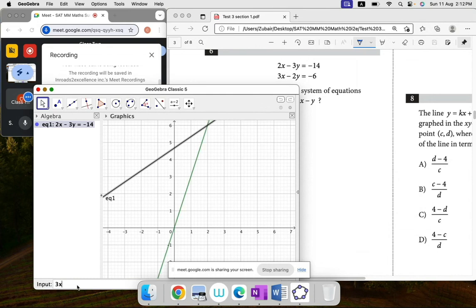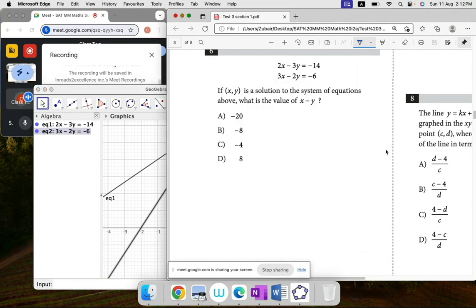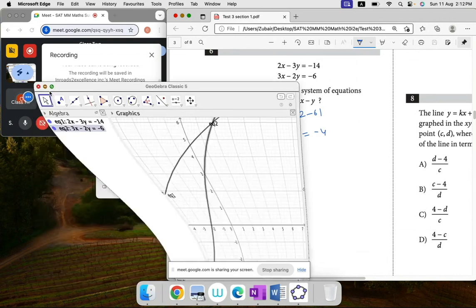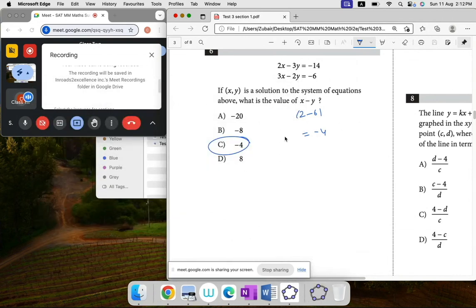Second is 3x minus 2y is equal to minus 6. So both equations are done, and I can see x is 2, y is 6. So when x is 2 and y is 6, I'm getting minus 4. If I was solving these equations, maybe I would take a little more time than this, and maybe not. But one thing is for sure, that I might make an elementary mistake in comparison to use of software, which is actually allowed in the exam.